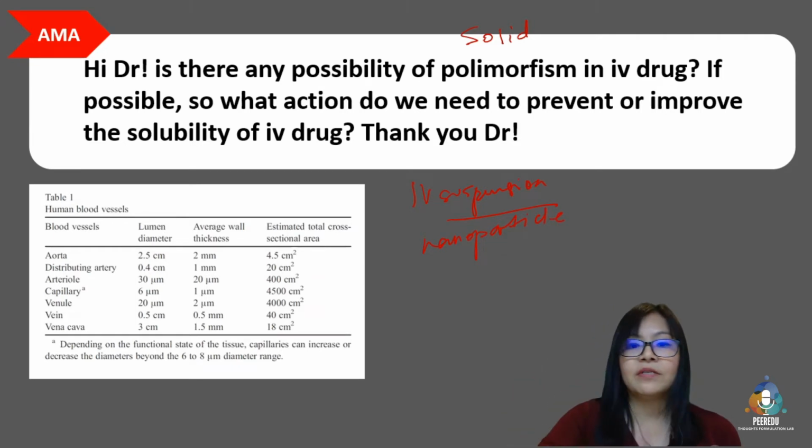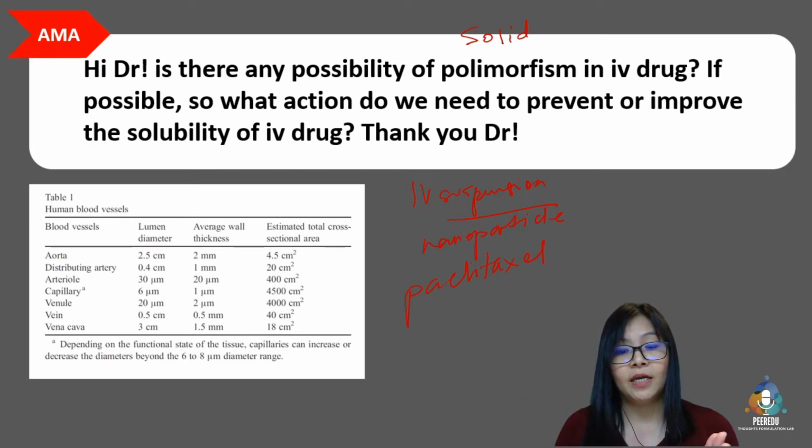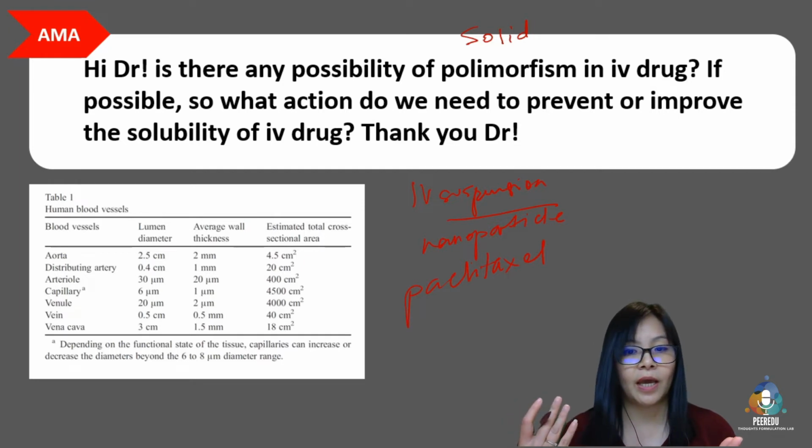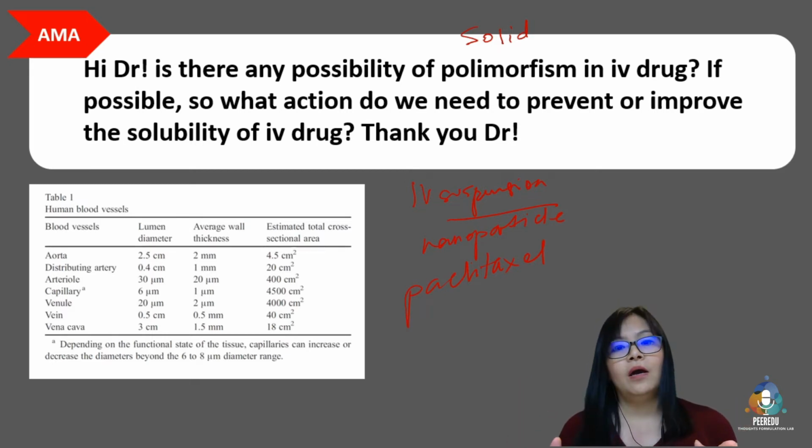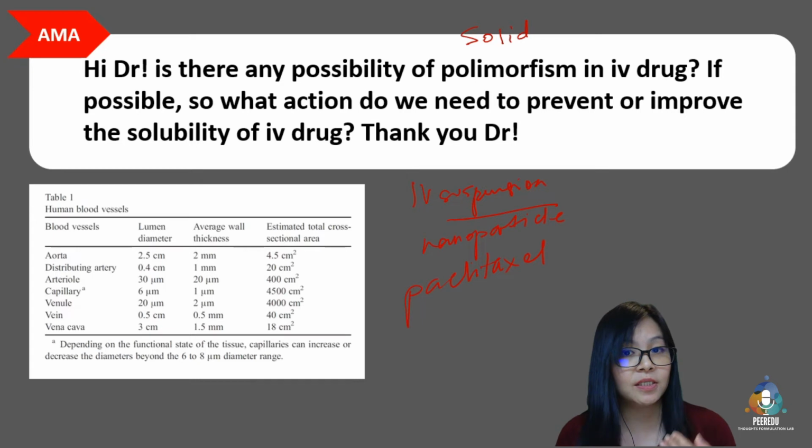Some examples are like paclitaxel, the anti-cancer drug that you inject as an IV suspension. There are a few advantages to injecting an IV suspension. For example, they can enhance the half-life, so you can circulate in your bloodstream for a longer time, and you also get more stability, and because you reduce the solubilizing agent, the toxicity can be reduced.